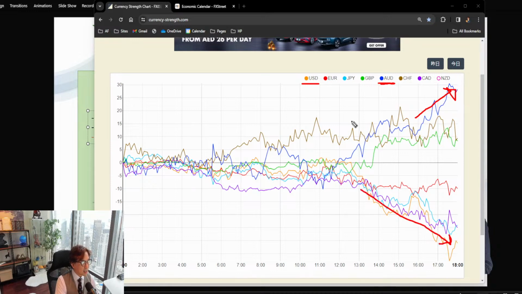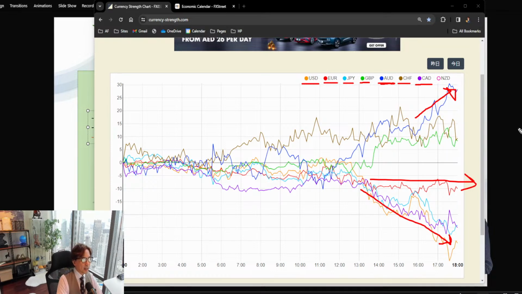So we can see that the USD is weak today, and JPY is weak, and CAD is also weak today. And the pound, the green, is strong, and Swiss franc is also strong today. And euro, the red, is sideways.